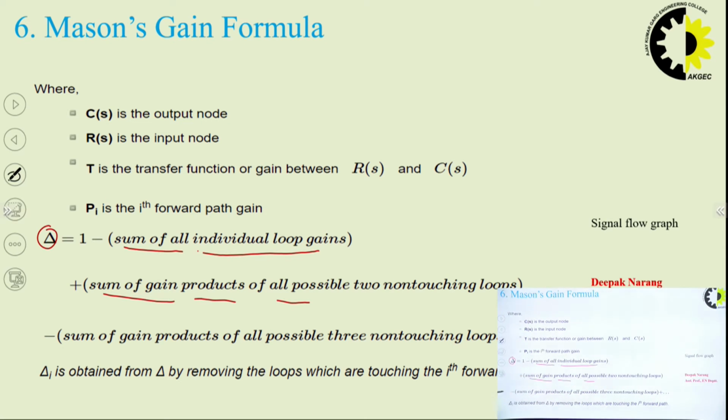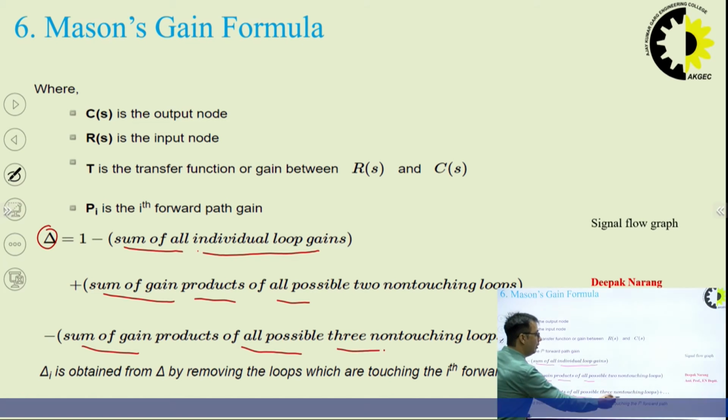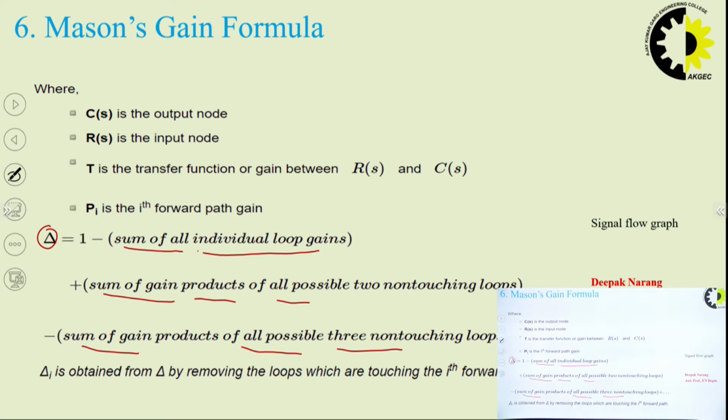Here we will find the product of those loops which are non-touching with each other, and their product will be summed up here. Next, minus the sum of gain products of all the possible three non-touching loops. If we still find any combination where three non-touching loops exist, they will be subtracted here, and so on. We keep on finding until all the combinations are done.